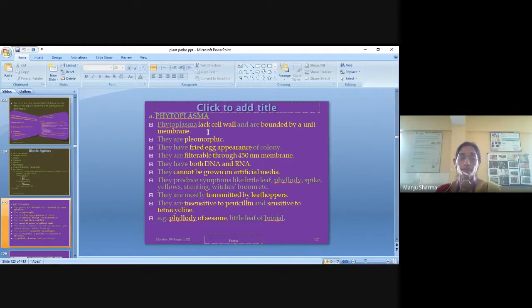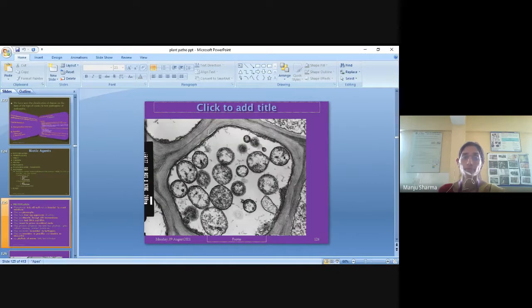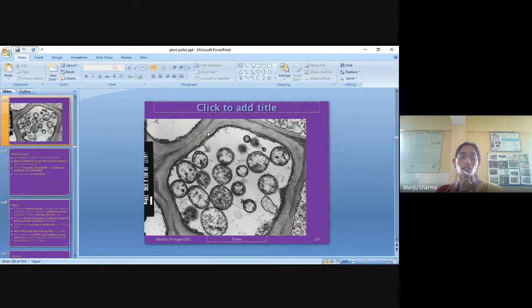For example, phyllody of sesame and little leaf of brinjal show the appearance of phytoplasma.